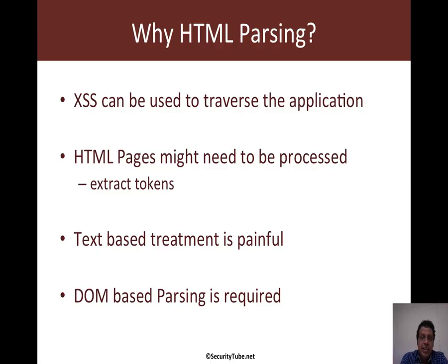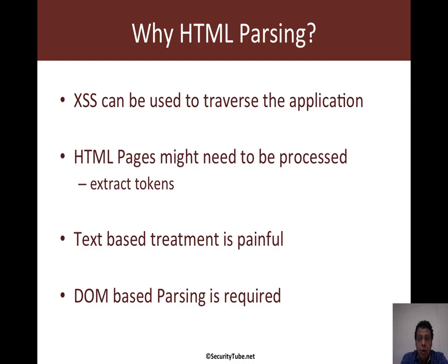Now, let's say you found an XSS vulnerability on a website and maybe you want to traverse the application by going through links, posting data and all of that. At this point, the response you receive from the server most of the time is just going to be HTML pages.